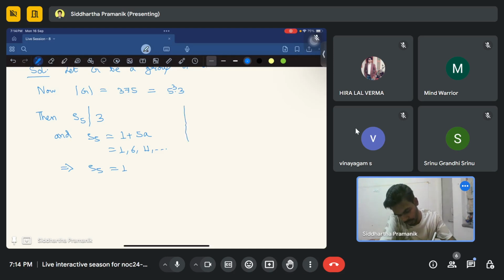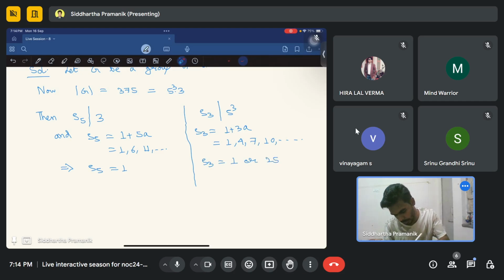So it has a unique Sylow 5-subgroup. And S3 must divide 5 cubed, and S3 is of the form 1 plus 3a, which is 1, 4, 7, 10, and so on. So from this, you can check that S3 is either 1 or 25, by these two conditions.